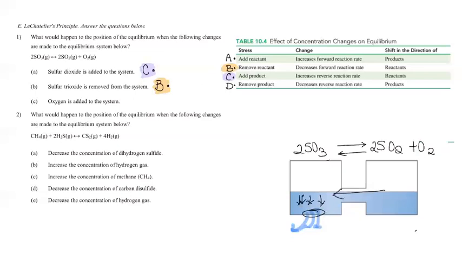So let's now just utilize table 10.4 to actually understand the rest of the statements for Le Chatelier's principle. In letter 1C, it says oxygen is added to the system. So what letter does that refer to?